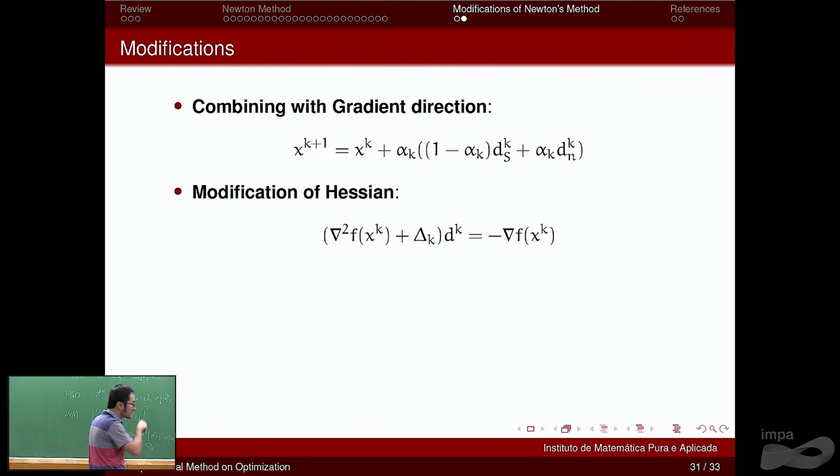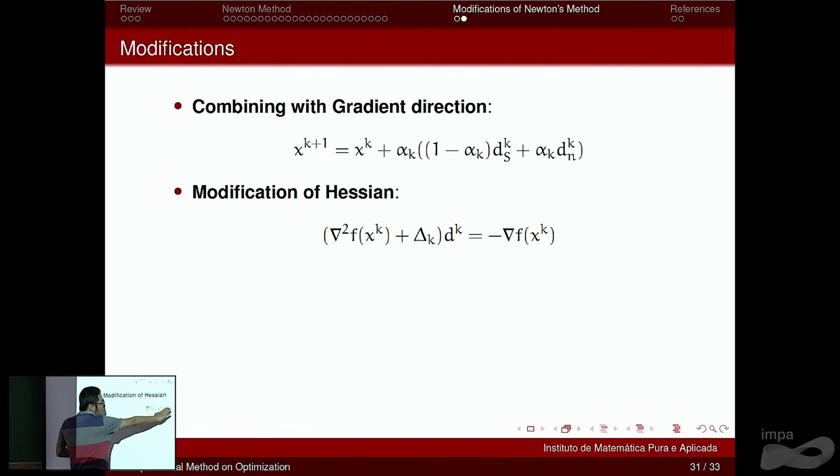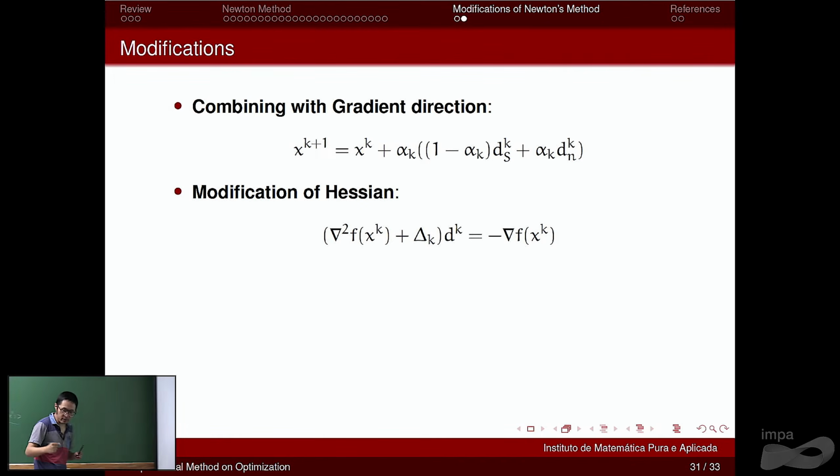Another is, actually, the Newton method, as we mentioned before, if we delete this diagonal matrix, it's just to solve this nonlinear equation. But sometimes, if we only have the Hessian here, this may not be invertible. So we add a positive diagonal matrix to make this matrix positive definite, or invertible.